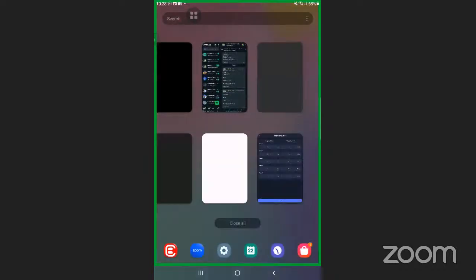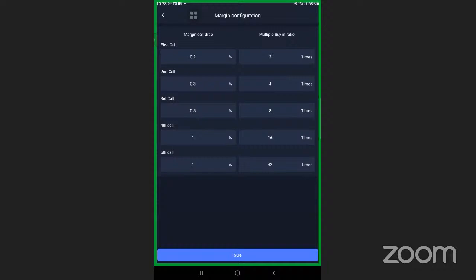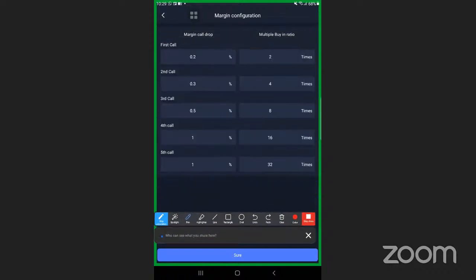Now, for us to allocate the multiple buy-in ratio, it is the number of times that we want the robot to buy per layer. If the price of the coin drops by 0.2 and it rises by 0.01, which is our buy-in callback, how many times of $16 should the robot buy on this side?